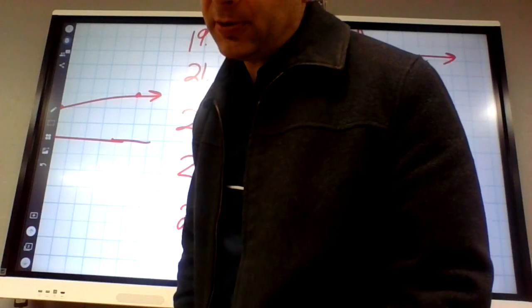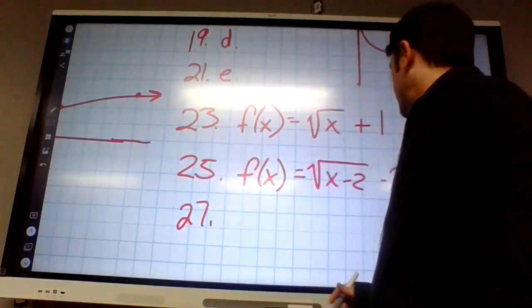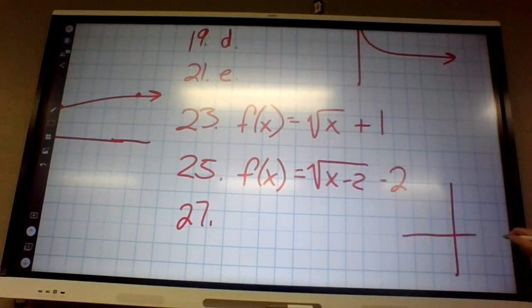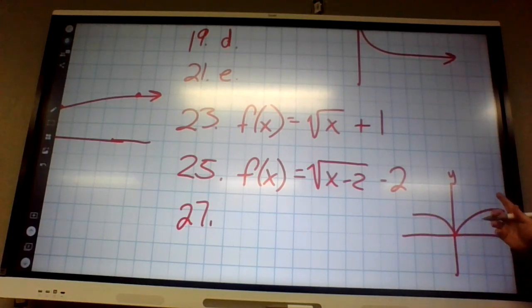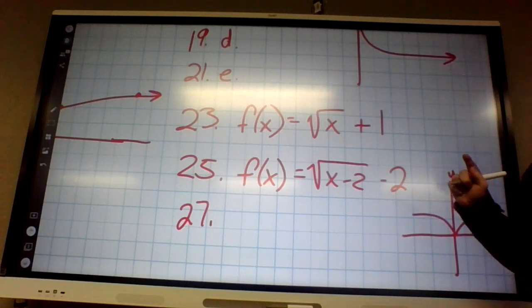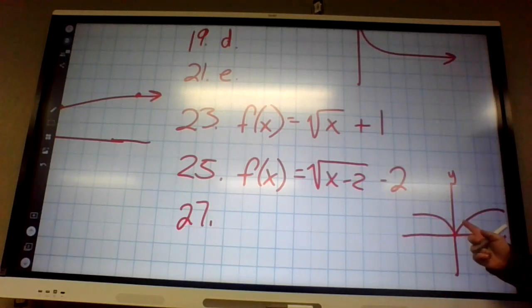27. Reflection across the y-axis. Here's the y-axis, right? Yeah. So how do I make it go from this to this? Put a negative where? On the inside. It's like number 16. Reflection over the y-axis.